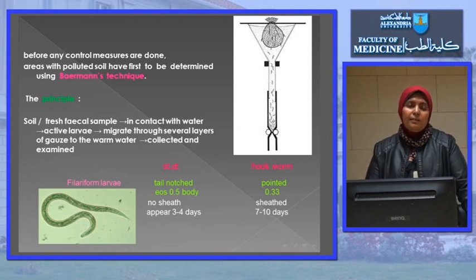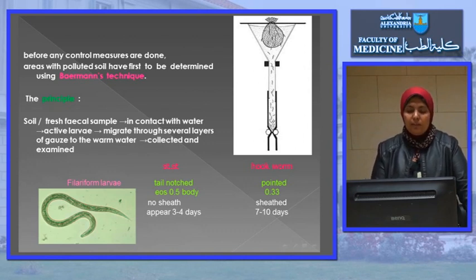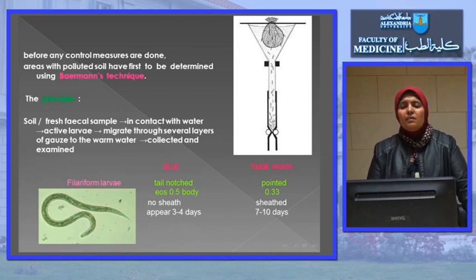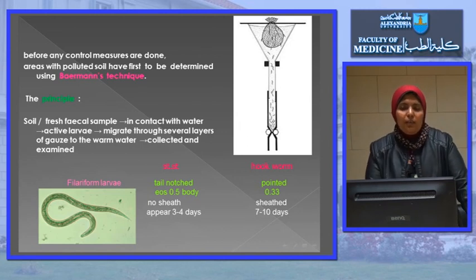This Baermann technique is important for epidemiological studies, for knowing the exact parasite which is present in the soil or in a specific area, in order to direct your control measures toward this area. Or alternatively, sometimes we can put stool here and diagnose the same, but it is usually used for epidemiological control measures. Thank you very much.